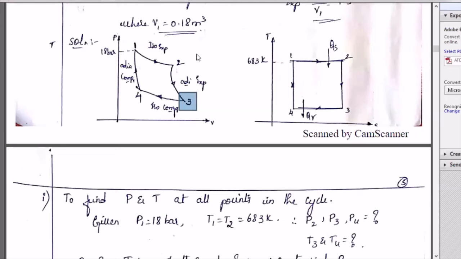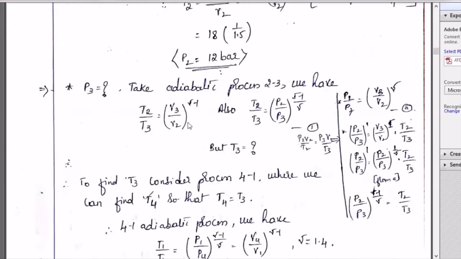For temperature, the pressure ratio will be the reciprocal of it. So you can observe V3 by V2 to the power of gamma minus 1. In the place of V3 you write T2, in the place of V2 you write T3. For pressure also you can write P2 by P3.